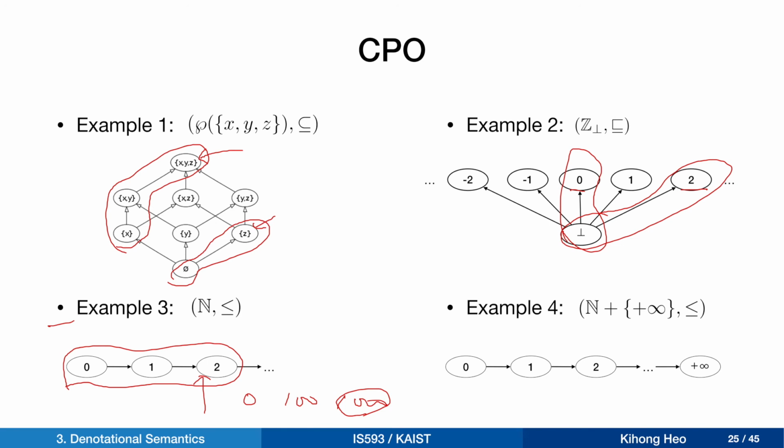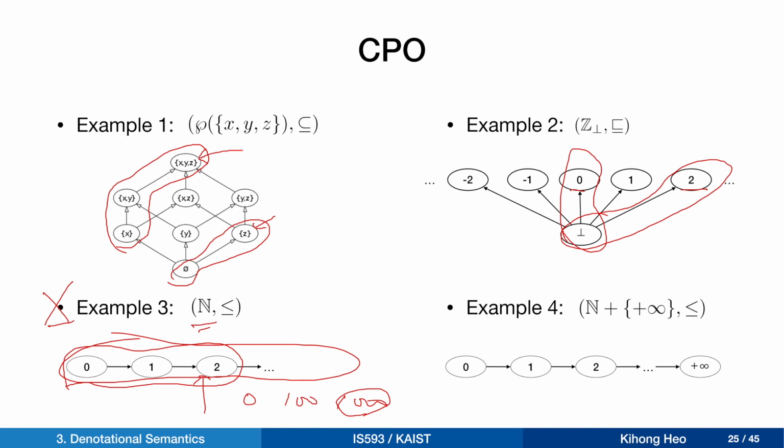But for the largest chain, which means the set of all natural numbers itself, what is the least upper bound of the chain? There's no such element in this set. So the set of natural numbers is not a CPO here.